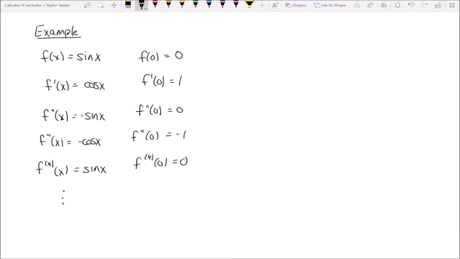So notice here, all the even derivatives are 0, right? So they're going to contribute nothing to the sum. So we're only looking at the odd terms. So again, let's say that this is 0, 1, 2, and so on and so forth.